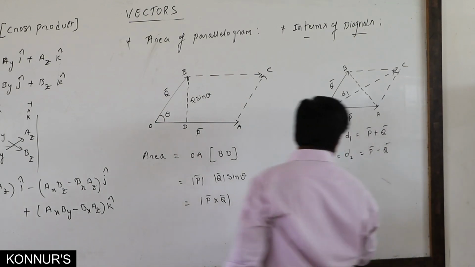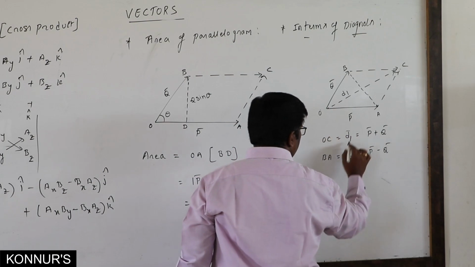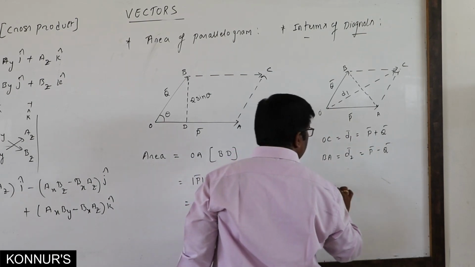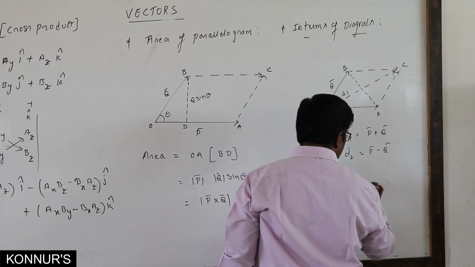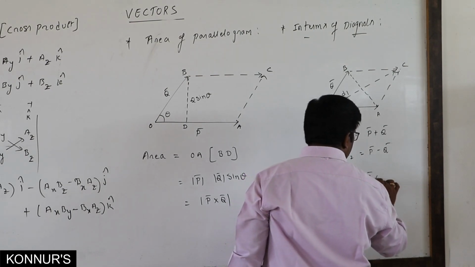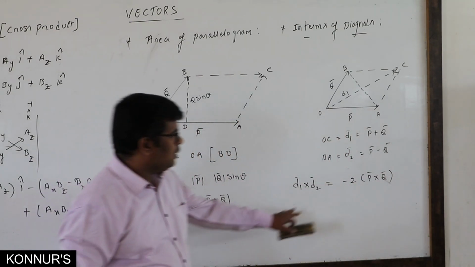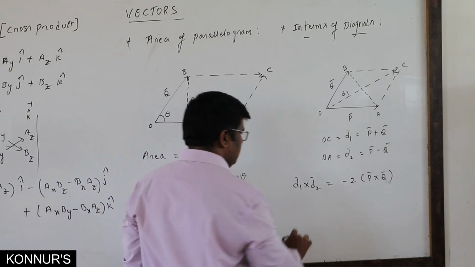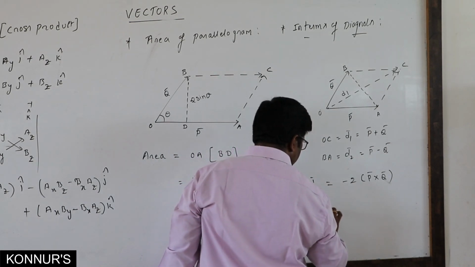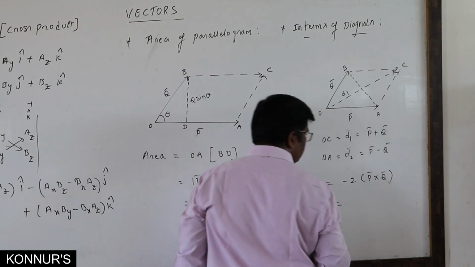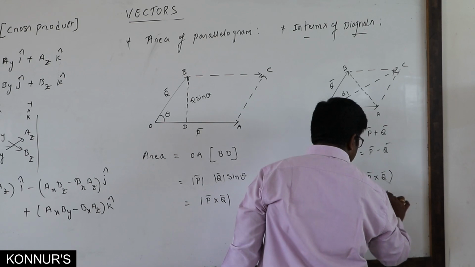Then if you take the cross product of these two, D1 bar cross D2 bar, you will finally get minus 2 times P bar cross Q bar. In magnitude, modulus of D1 bar cross D2 bar is equal to 2 times modulus of P bar cross Q bar.